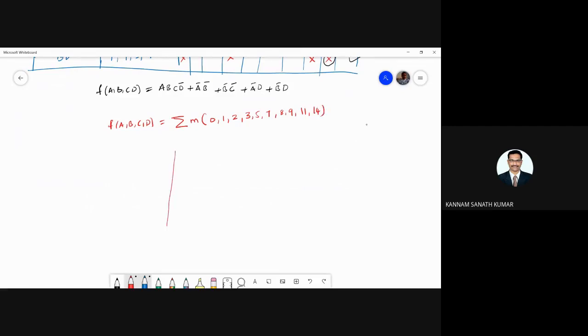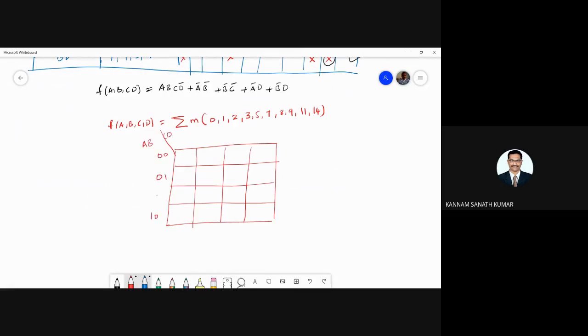Okay, so you can draw the K map and verify your expression, whatever you got in the tabular method. Okay, so here I am drawing the K map. So this is AB and this is CD. 0 0, 0 1, 1 1, 1 0, and 0 0, 0 1, 1 1, 1 0.